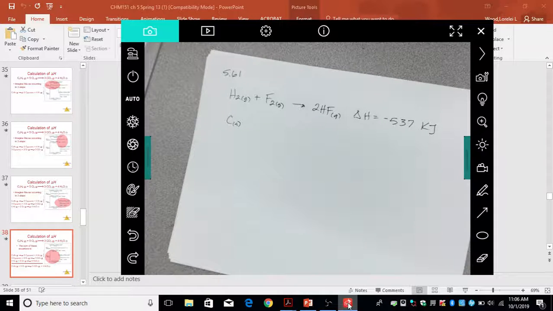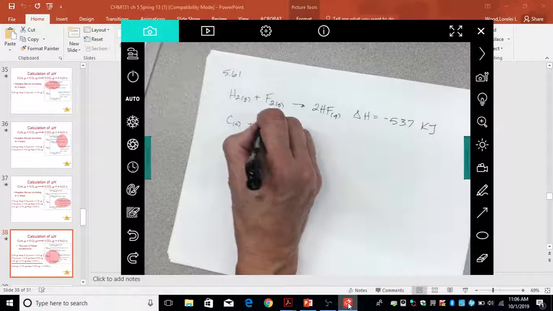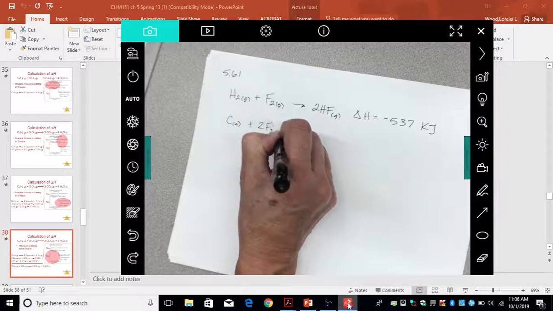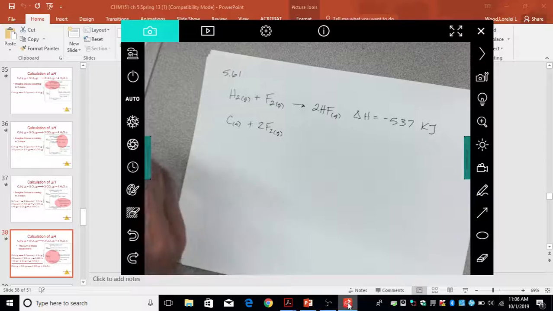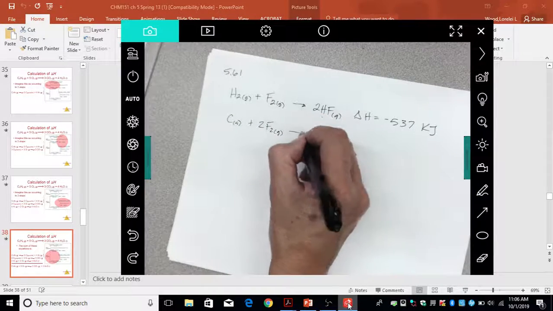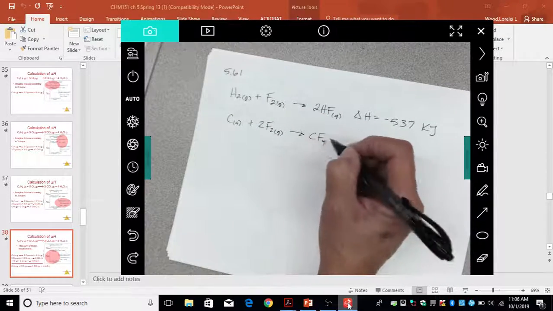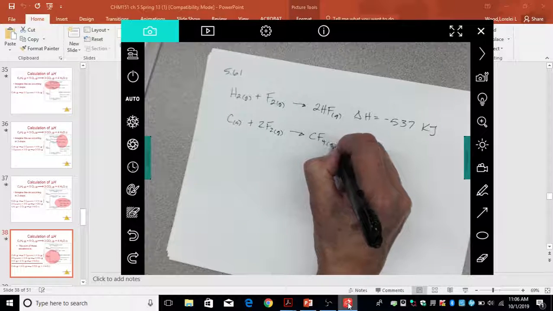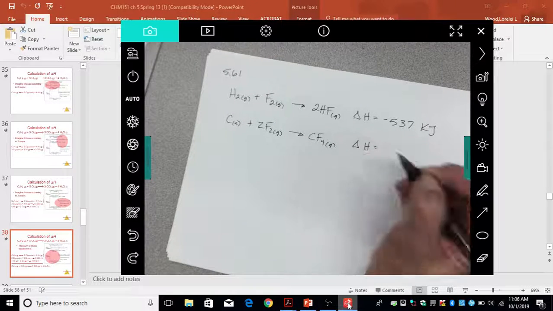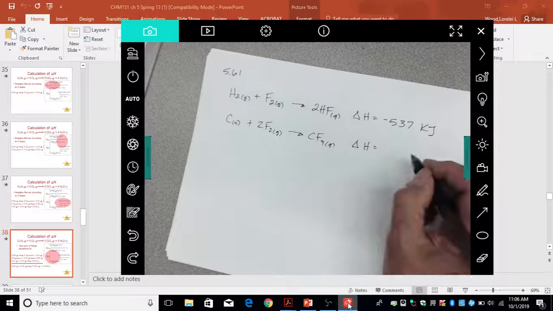So carbon solid plus 2 fluorine gas come together in a combination reaction to yield CF4, which is also a gas. And the enthalpy change for that reaction is negative 680.